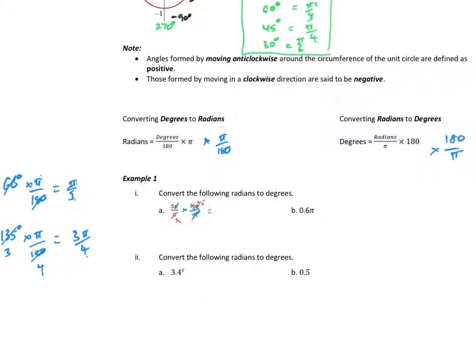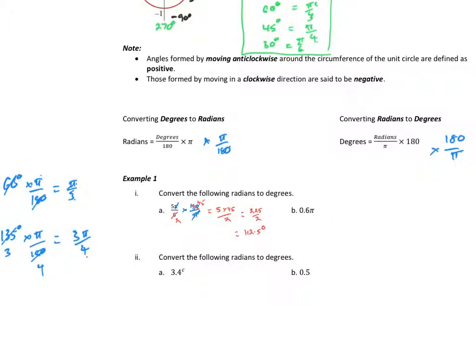So we end up with 5 times 45 on 2, which is 225 on 2, which is 112.5 degrees. So a messy number, but that's okay.